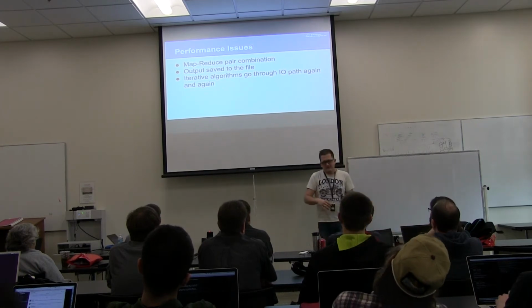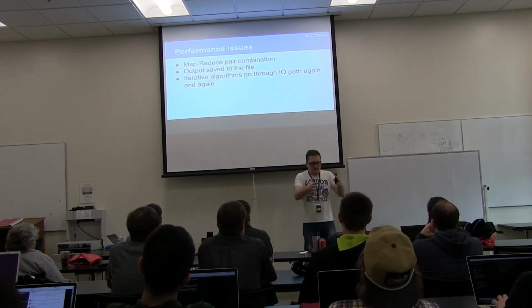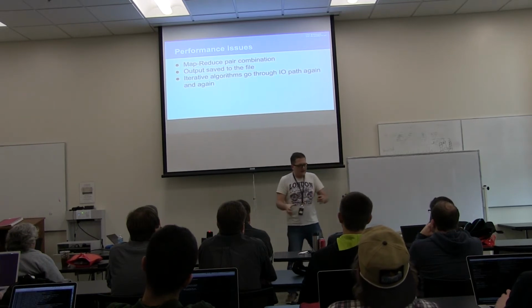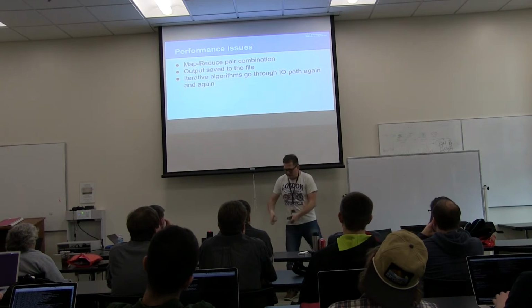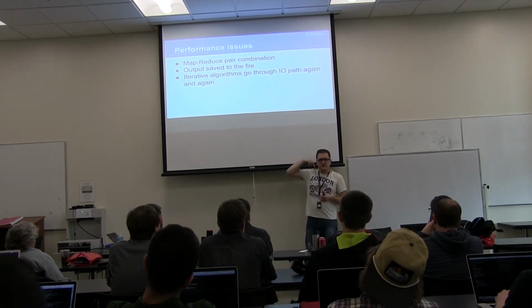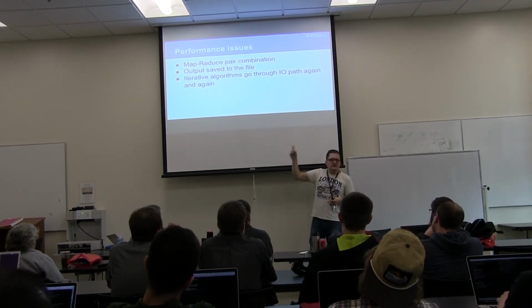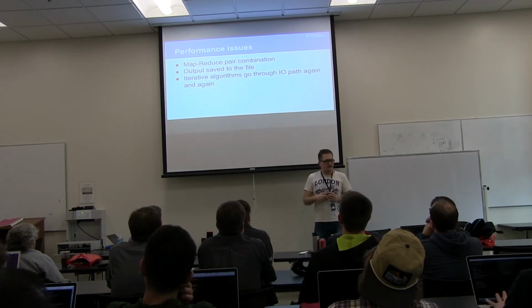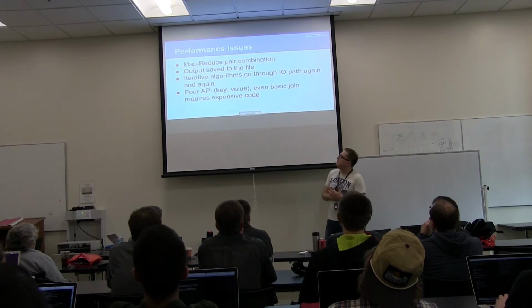But if you have algorithms where you have to load data, do some calculations on it, then load another data, do some calculations on it, and then read that data one more time, it's going to go through the MapReduce stage every single time. It's really, really tricky to make it perform well.